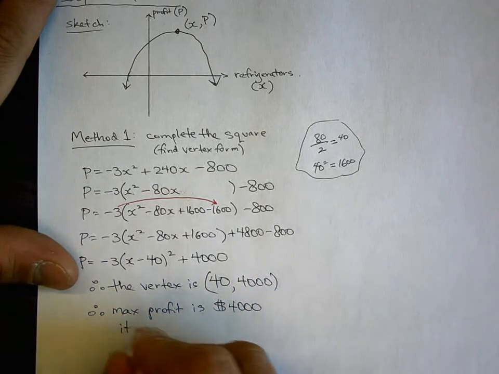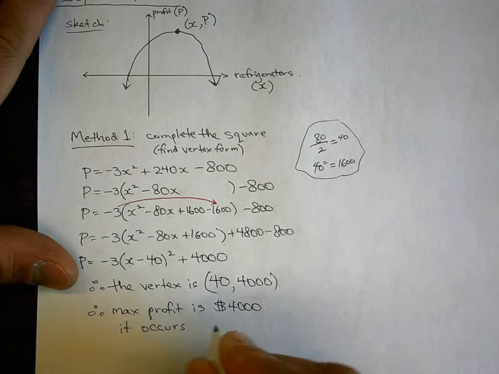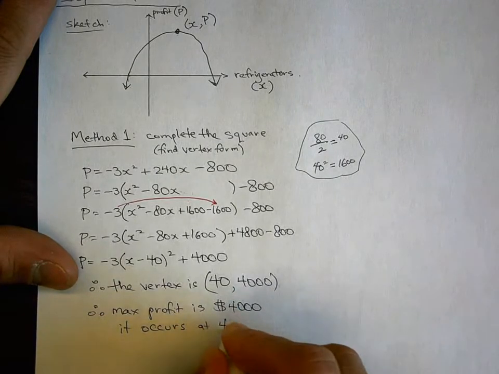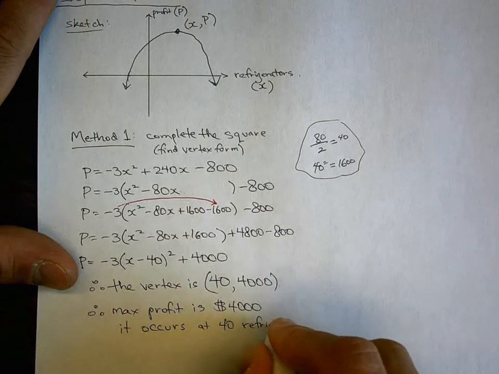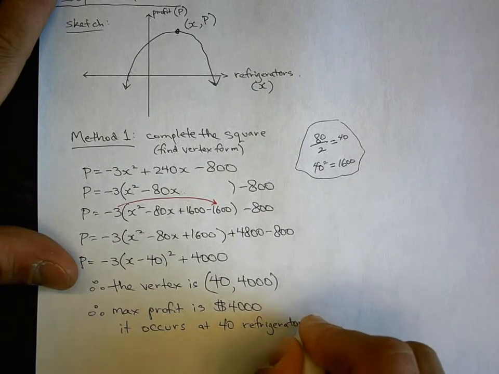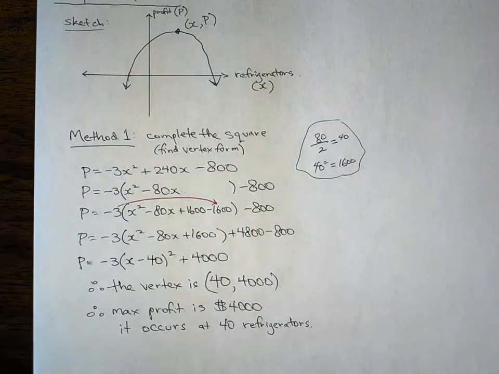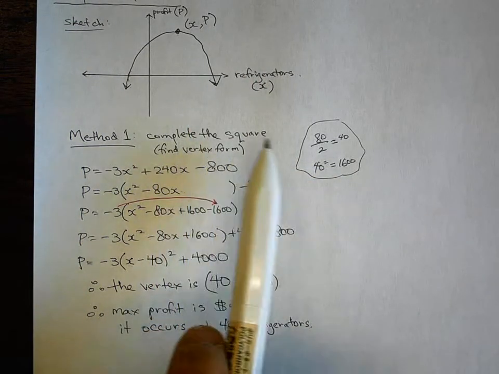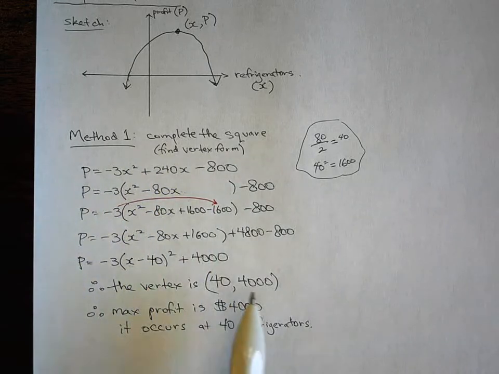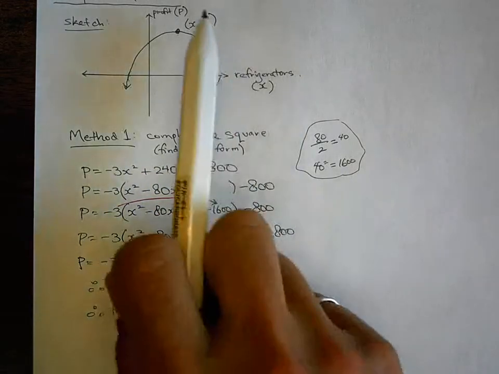It occurs at 40 refrigerators. Neat. So our first method, we look to complete the square to find vertex form, because in vertex form I have the information about this max point.